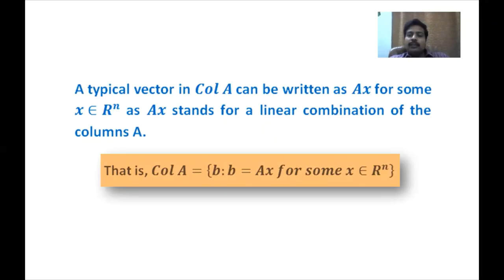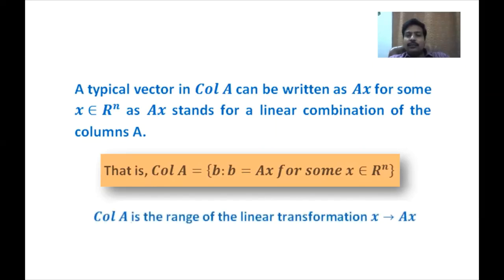If you multiply the matrix A with n by 1, you will get an m by 1 matrix. So B is an m by 1 matrix, a column matrix. All such columns will establish column space. So column space A is the range of the linear transformation x to Ax. This will be the range.